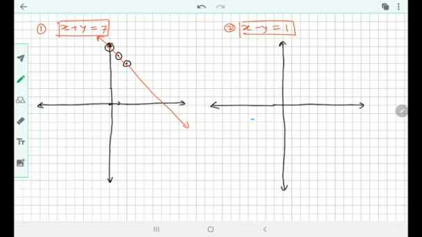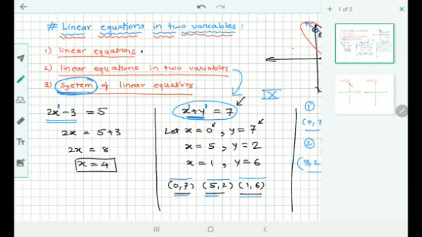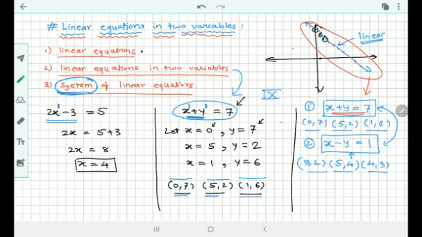x minus y is equal to 1 would have solutions like, let me check back, you can go through it: 3 2, 5 4, and 4 3.